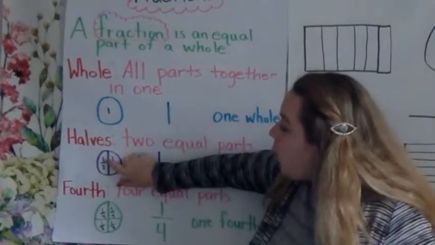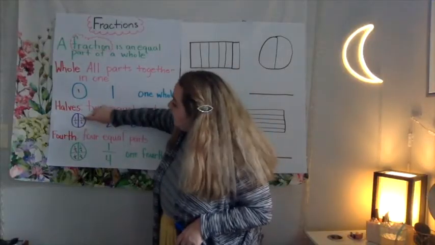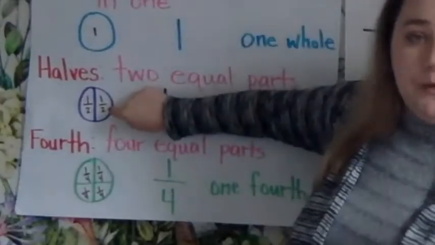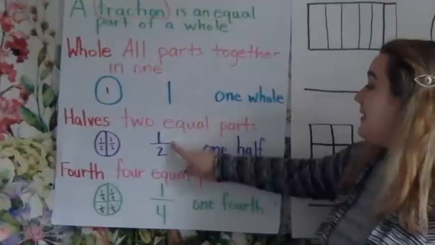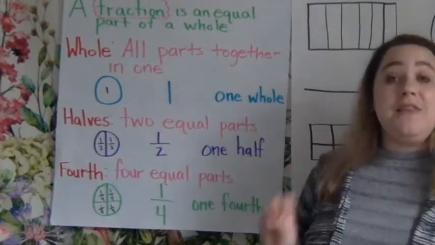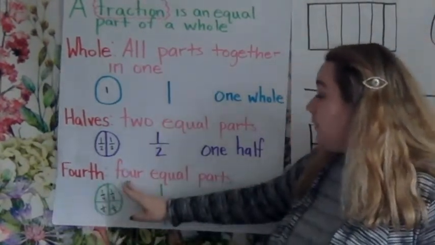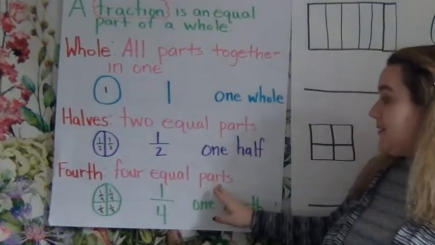Here is one of the two equal parts, and here is one of the two equal parts. It's half, one half. Then we have fourths. Fourths are four equal parts.